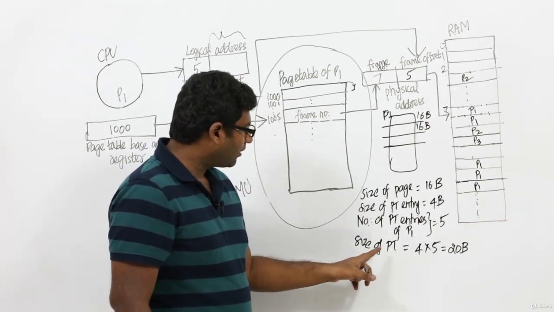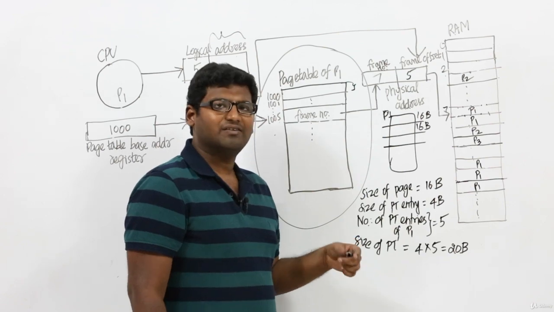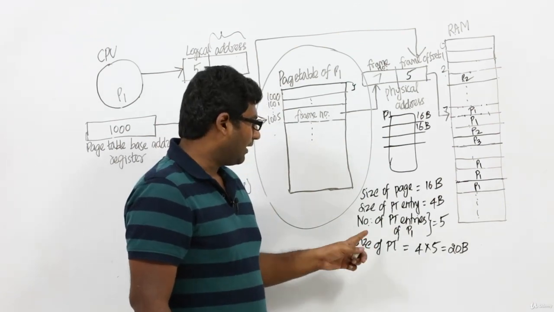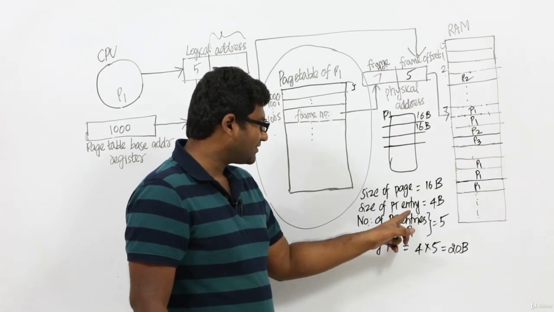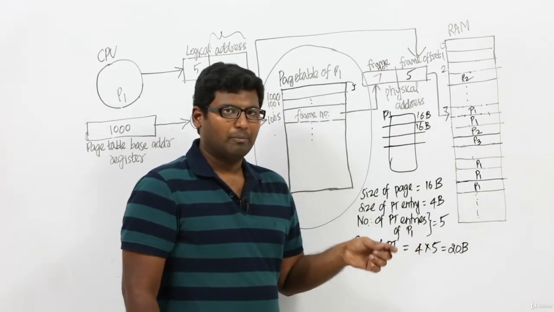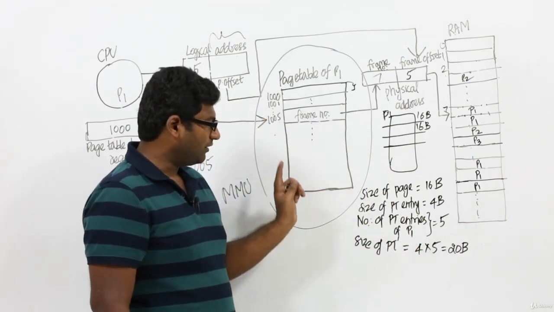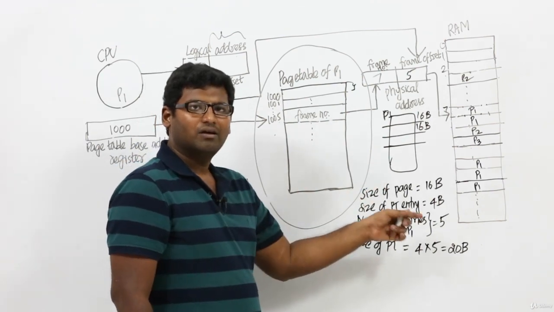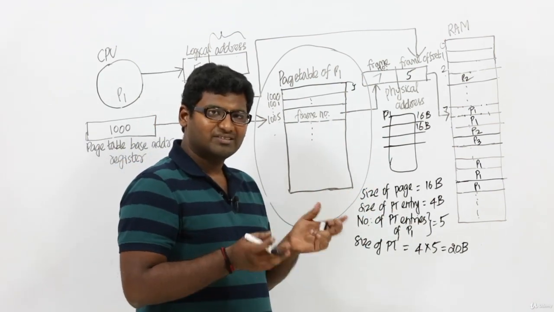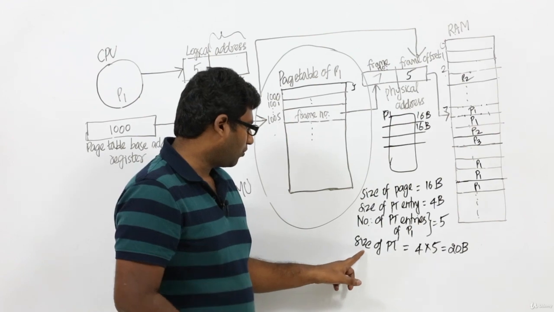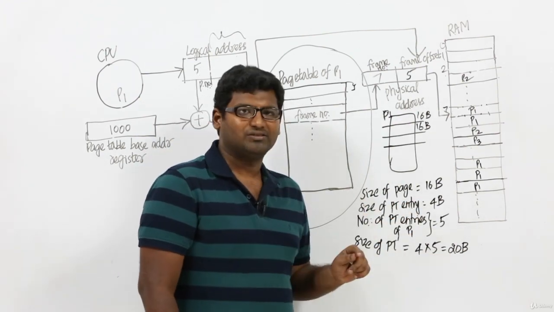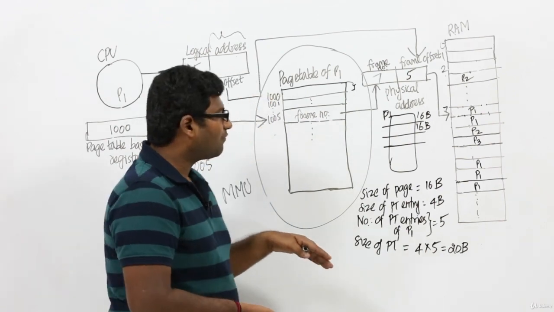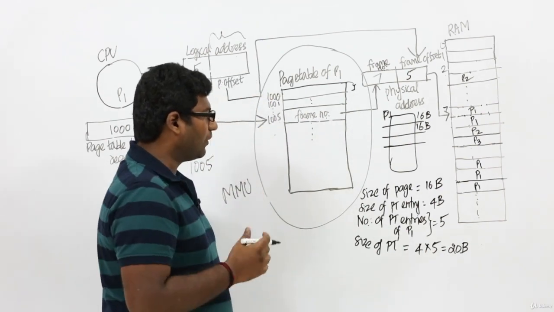Now what is the total size of the page table? The size of the page table is the number of page table entries into the size of a single entry. So the total size is 4 into 5, which is 20 bytes. So the size of the page table of process P1 equals 20 bytes.